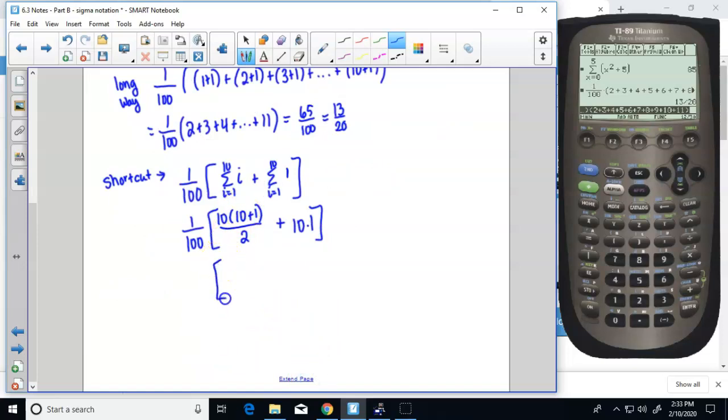And so right here we get 10 times 11, so 110 over 2 plus 10. Which is going to give us 55 plus 10, and here is our 65 over 100, which is going to give us 13 over 20.